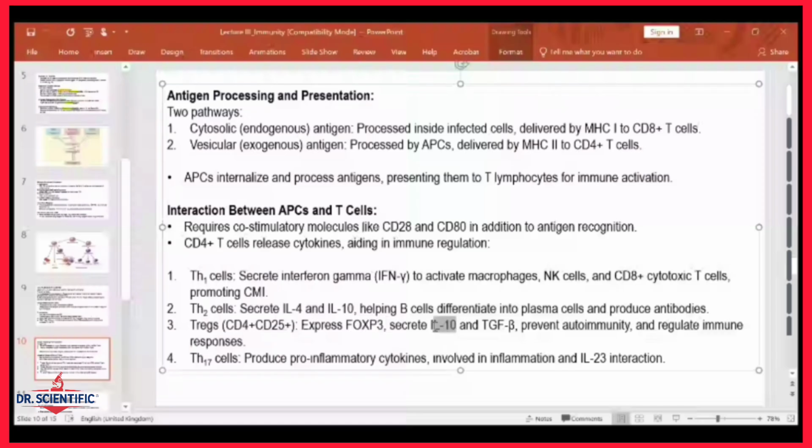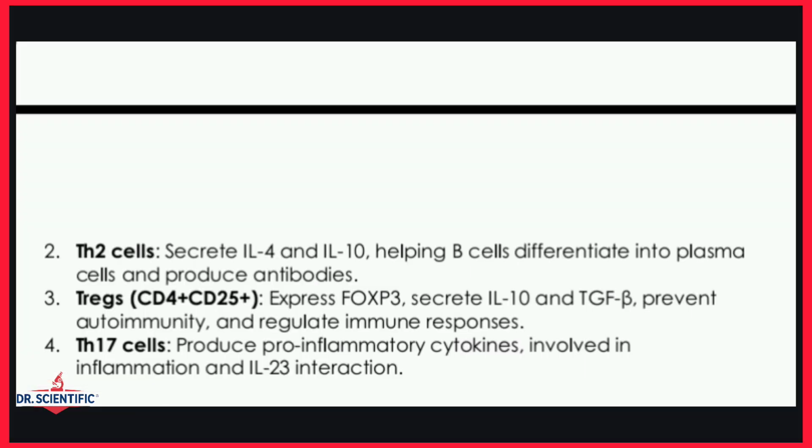Now, interleukin 4 is a pro-inflammatory cytokine. It leads to inflammation. This one is anti-inflammatory. So these are important in B cell differentiation, but also important in slowing down inflammation.